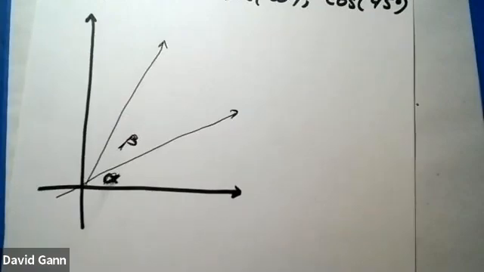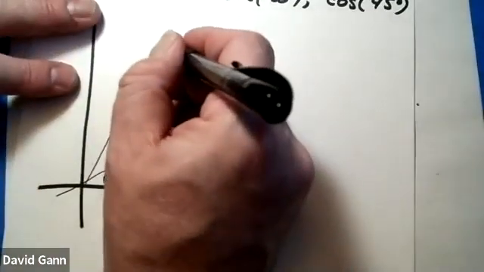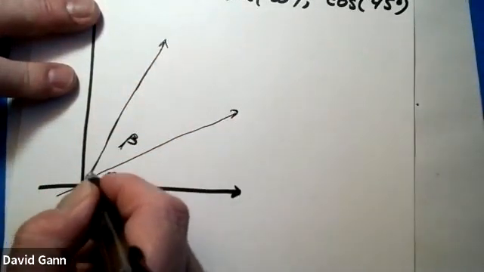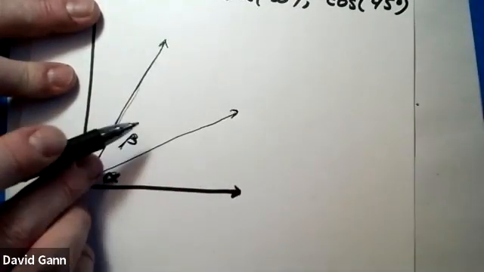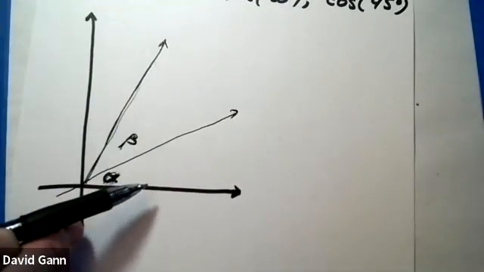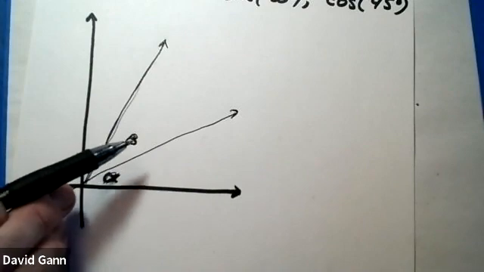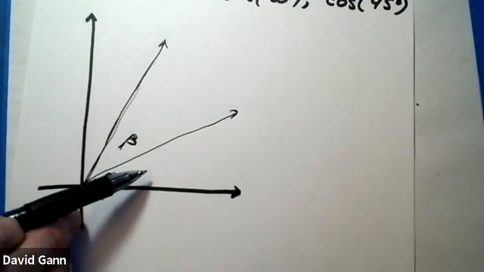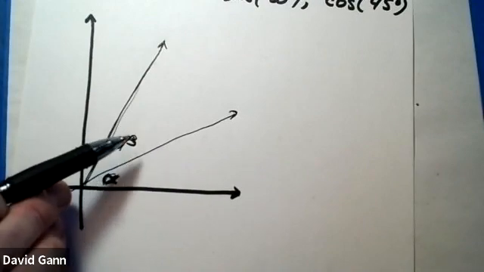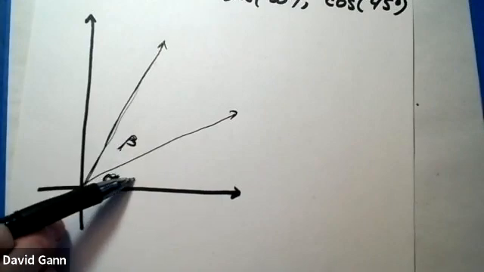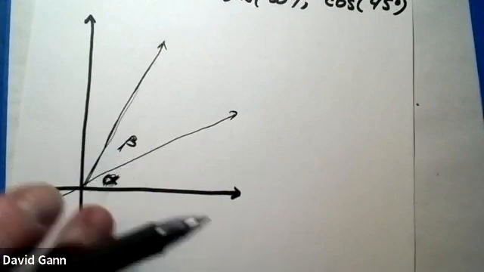Okay. So the angle that I've drawn from the x-axis to this terminal ray is actually the angle alpha plus beta, right? So the measure of this angle is alpha, the measure of this angle is beta. The sum of them, you've got this whole thing.